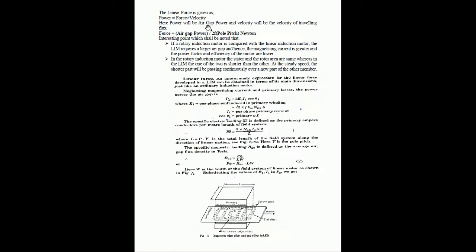The linear force is given by power equal to force into velocity. Here power will be the air gap power and velocity will be the velocity of the traveling flux. Then force is equal to air gap power upon 2f into pole pitch, in newtons.